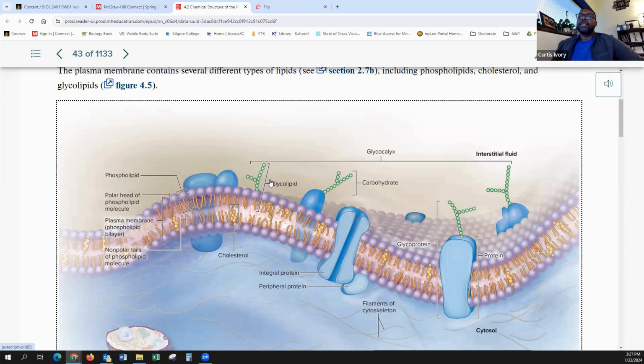So glycoproteins are essentially cell markers that identify that the cell belongs to the body. These are very pertinent when it comes to your immune system. If your immune system loses the ability to recognize these structures, you're going to have what's called an autoimmune disease, where your immune system starts killing your own cells.